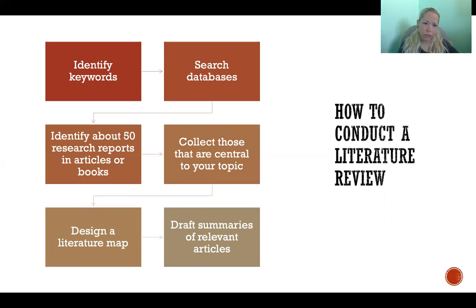Then take those 50 and condense it even further and find the most specific, most central studies that are maybe similar to the study that you're doing, or that provide the most support for why you need to do your study or why your study is worthwhile. So find, of your 50, the ones that are the most central to your topic.